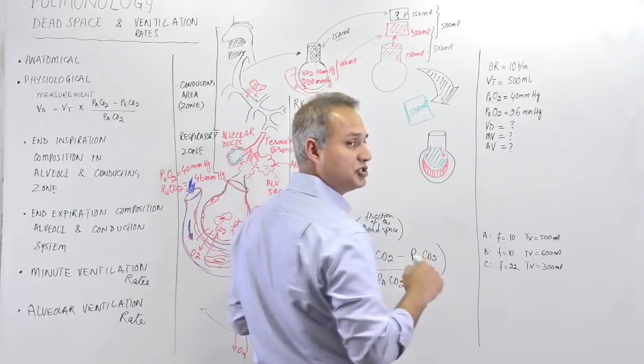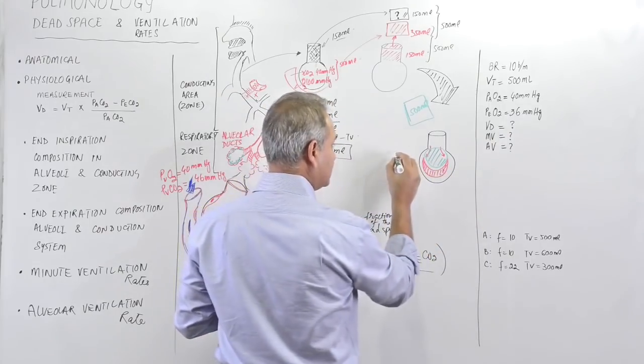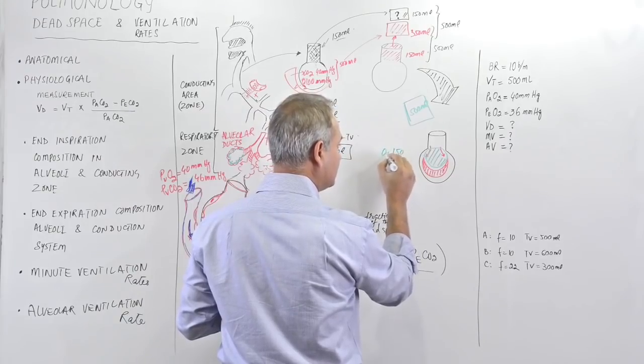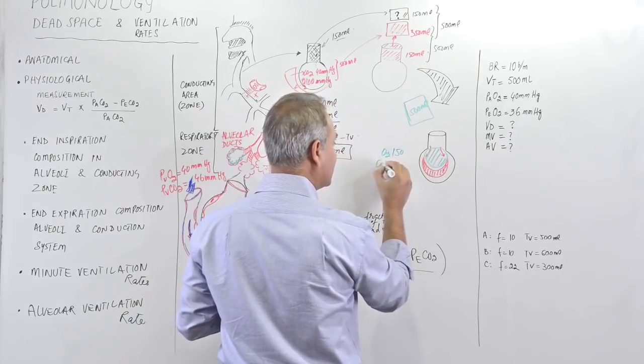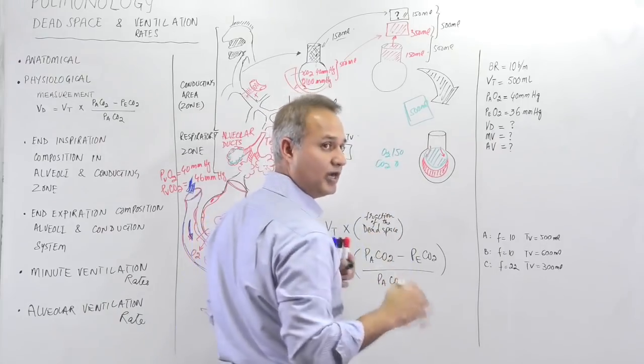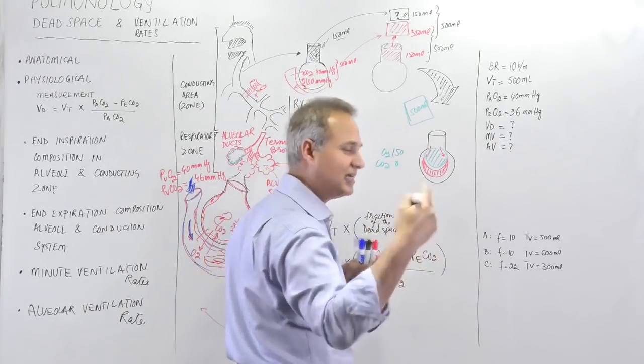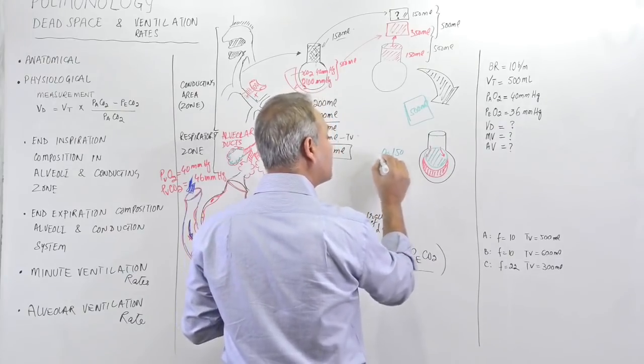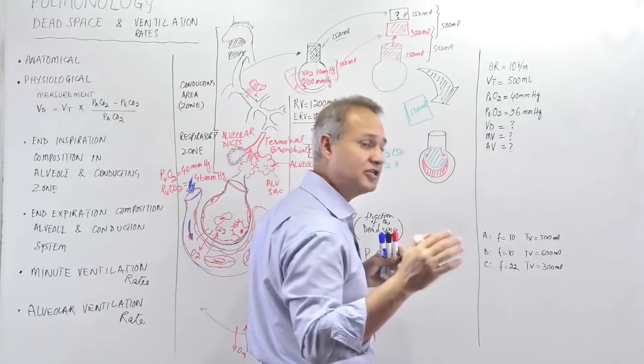What is their composition? About 150 millimeters of mercury oxygen and carbon dioxide about 0. We assume it's about 0.2, but let's say 0. So pressure of carbon dioxide is 0, pressure of oxygen is 150 millimeters of mercury.